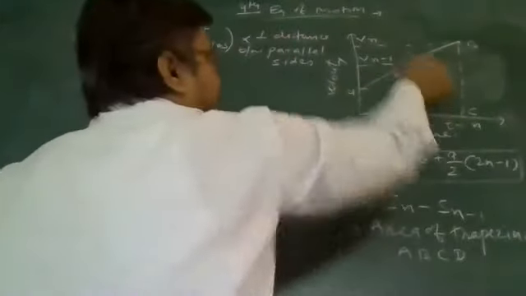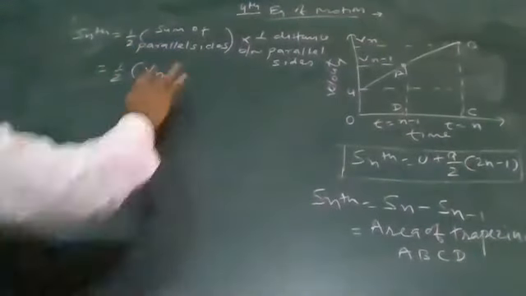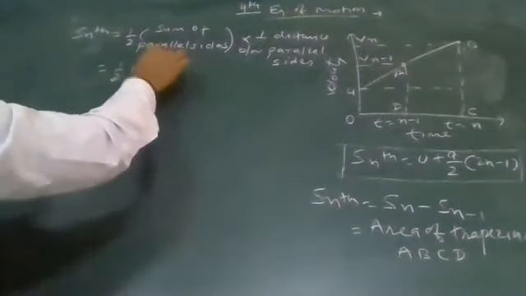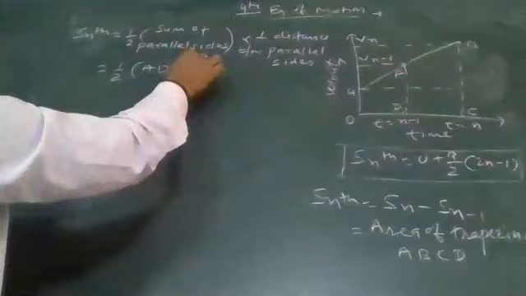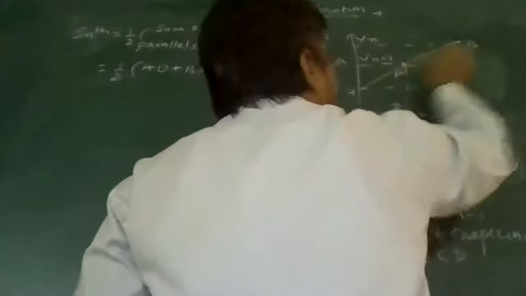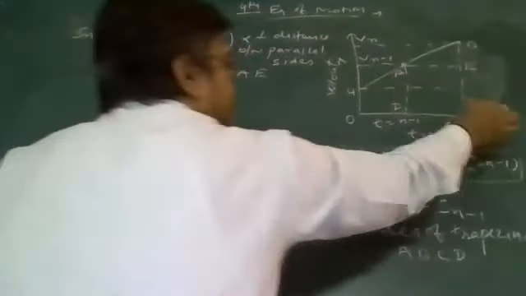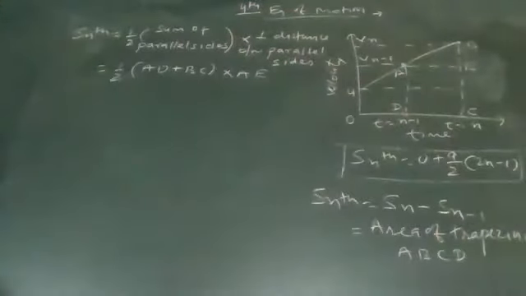Now, in trapezium ABCD, the parallel sides are AD and BC. So I can write it as half into AD plus BC into the perpendicular distance. Let's suppose this is the perpendicular distance, AE.